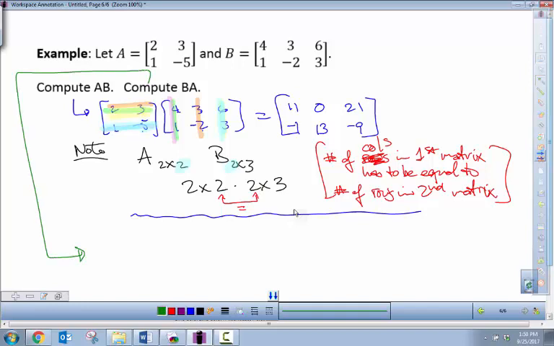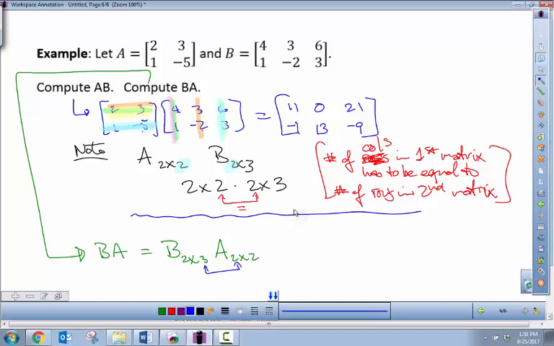Does this match? So BA, we're looking at B, which is a 2 by 3 matrix. We want to multiply that by A, which is a 2 by 2 matrix. This doesn't match.